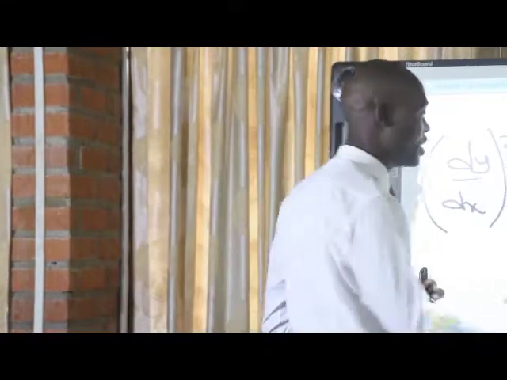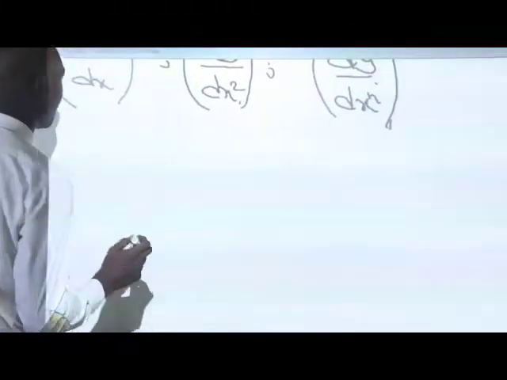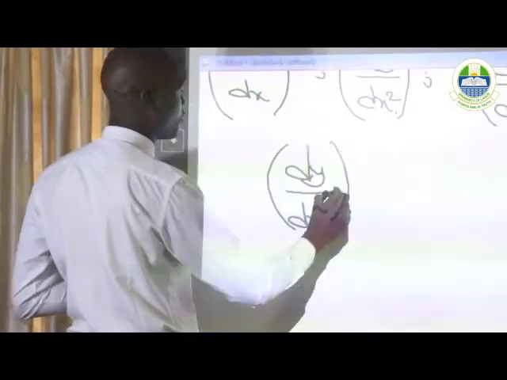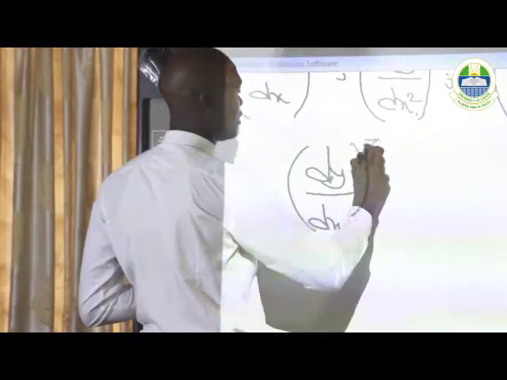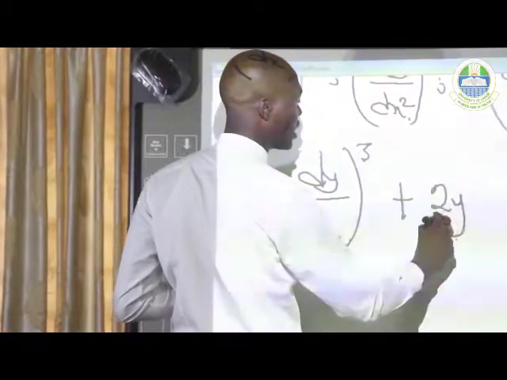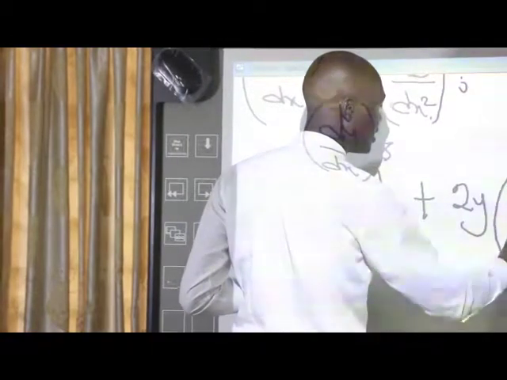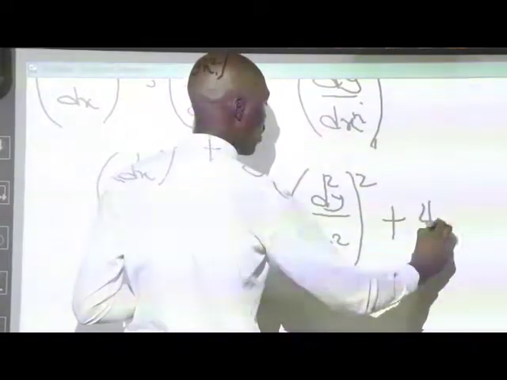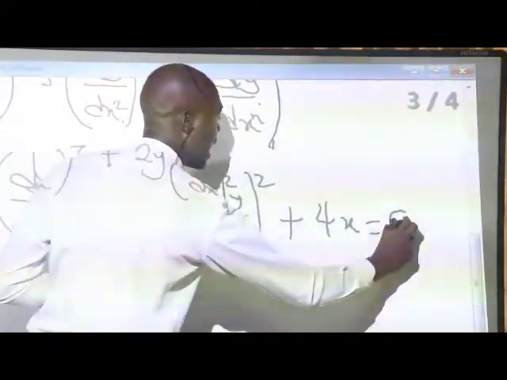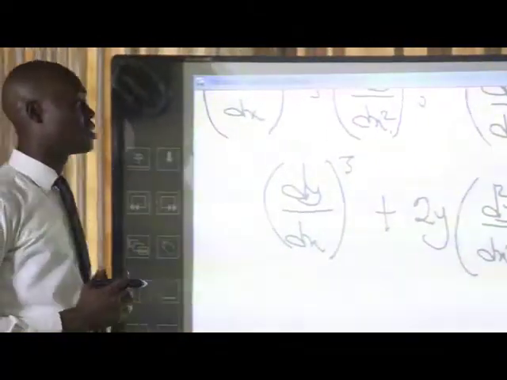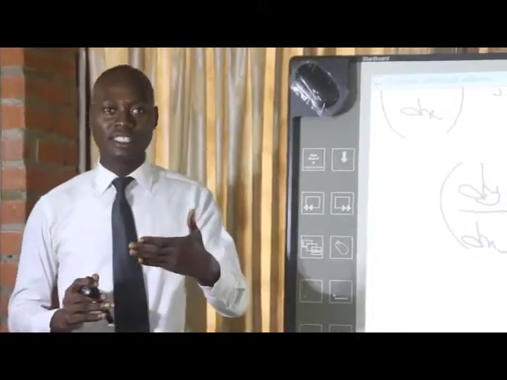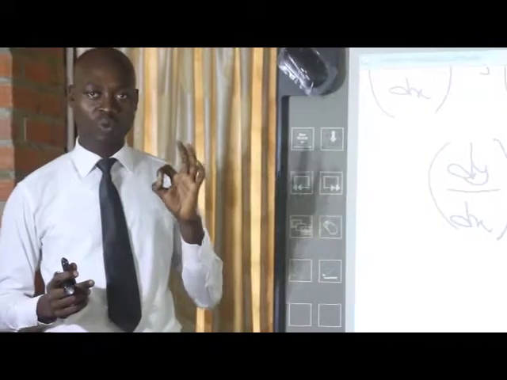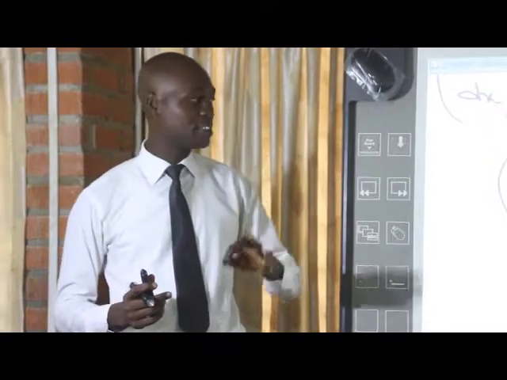As an example, this is what we mean. Consider (dy/dx)^3 + 2y (d^2y/dx^2)^2 + 4x = sin x. You are told to determine the degree of this differential equation. How do you do that? First, what is the highest order derivative?